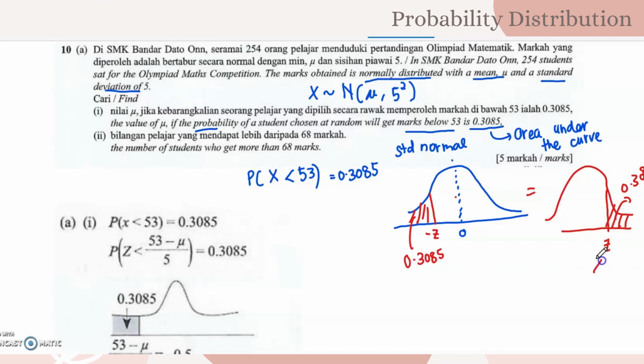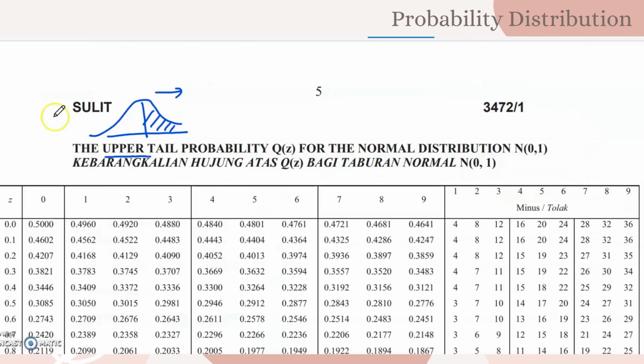So we need to find this. From the table, we look for 0.3085, which is located here, because it is in the probability section.